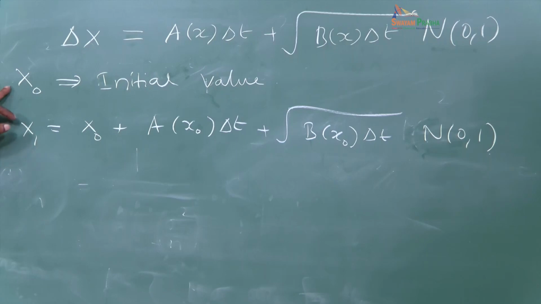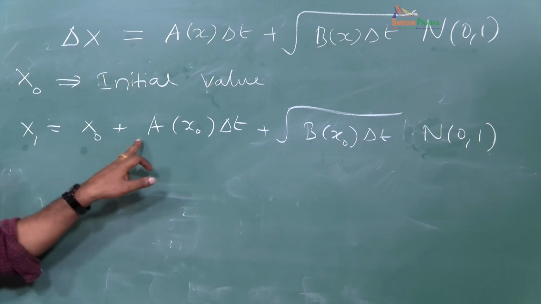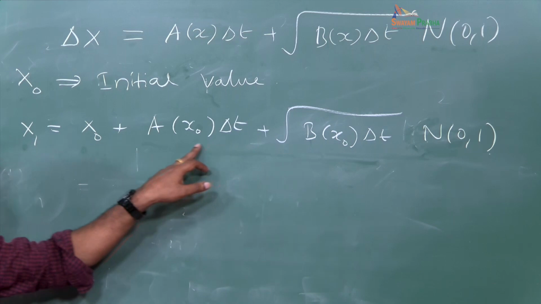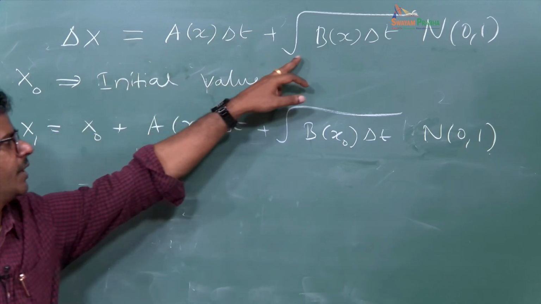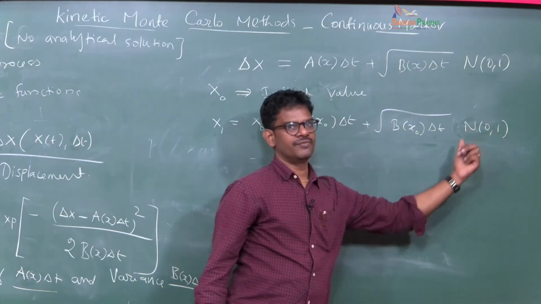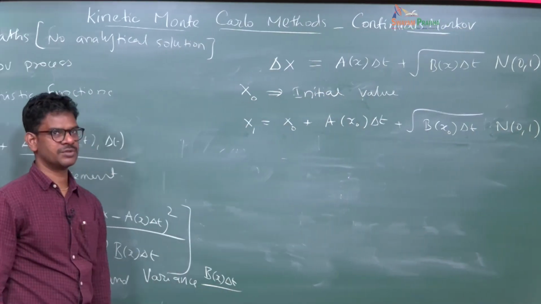So with the initial value you get the next time point value from the initial value plus the displacement operator, which is a times delta t plus square root of b times delta t times a normal random variate, which we have to create from the Box-Muller method.